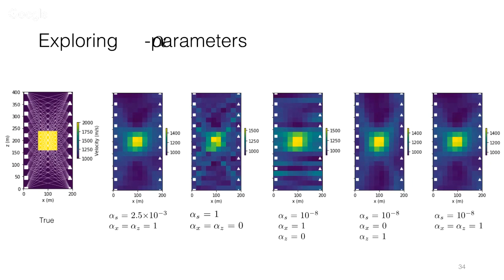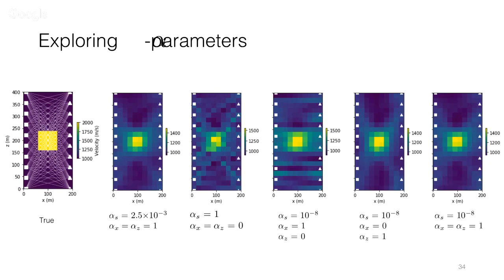So ls is like 10 to the minus 3. But if I just asked for something that was small, close to the background of 1,000, and I didn't care at all about smoothness, I get this. Again, I'm not sure how well you can see this, but it's speckled.